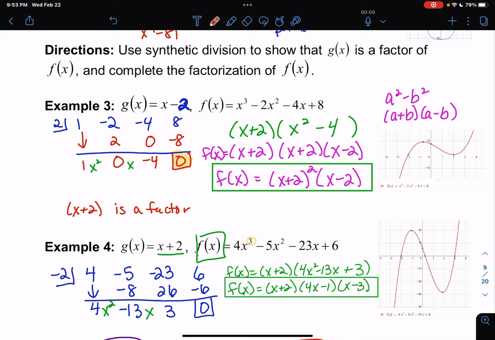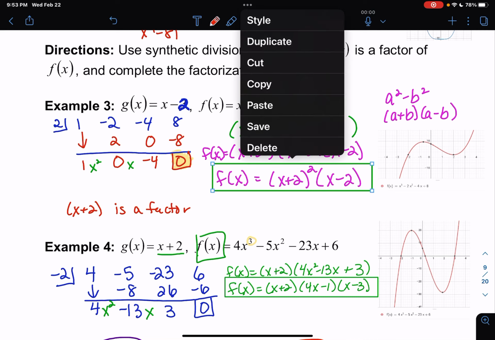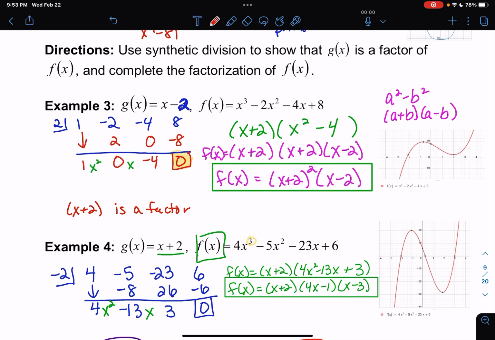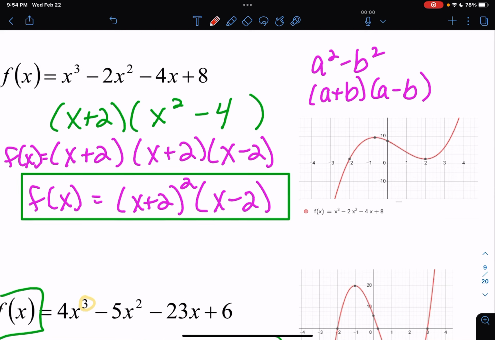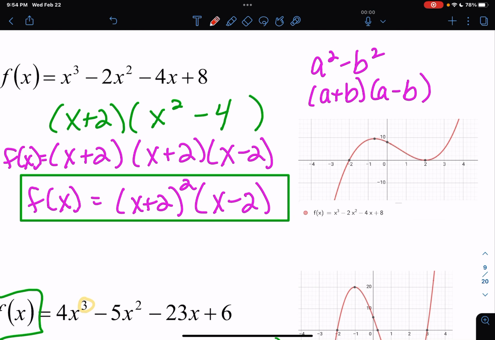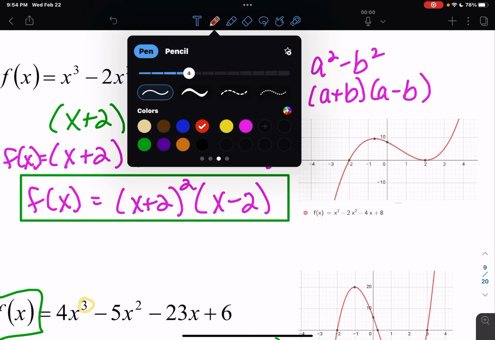In example 3, we found that x minus 2 was a factor, and we continued the factorization and found that x plus 2 was also a factor, which was repeated. And if you look at the graph of that polynomial, you can see these factors correspond to where the graph crosses through the x-axis.